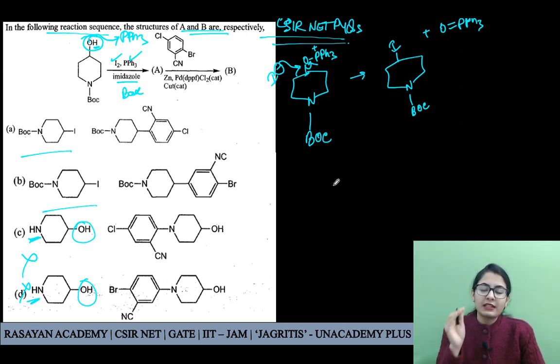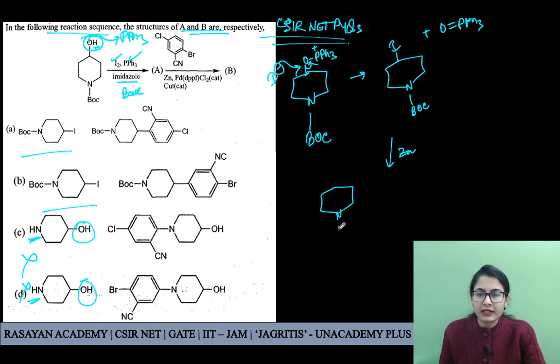Very simple. Now comes the question: you are carrying out your palladium catalyzed reaction. Very good. You have zinc added, so zinc is going to add up over here. Zinc iodide is going to form. On the other side, you have this molecule and palladium. So where is the coupling taking place?